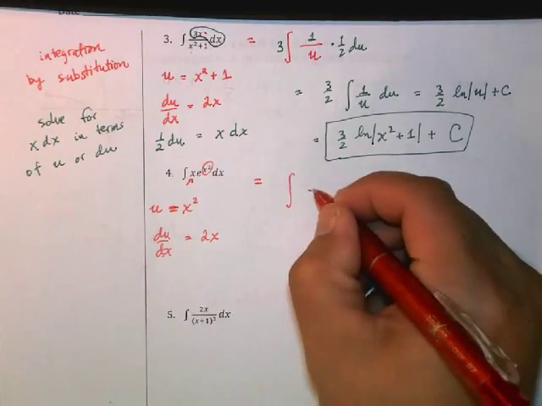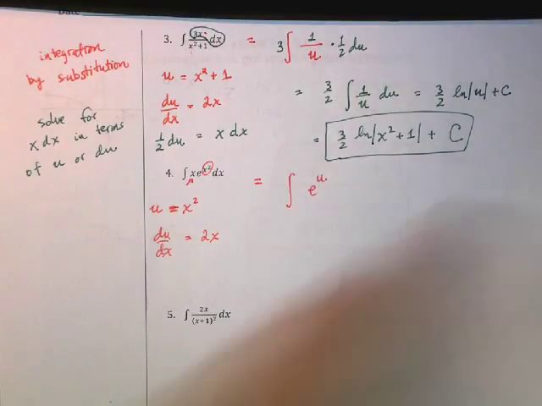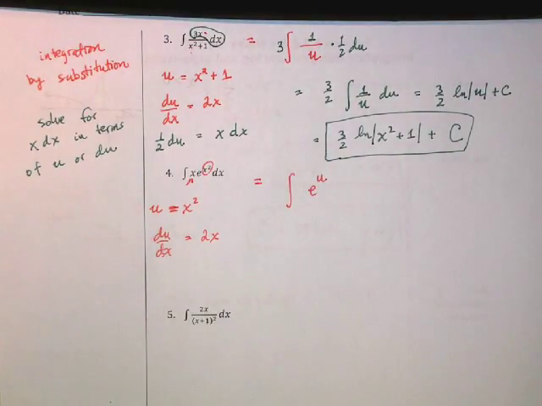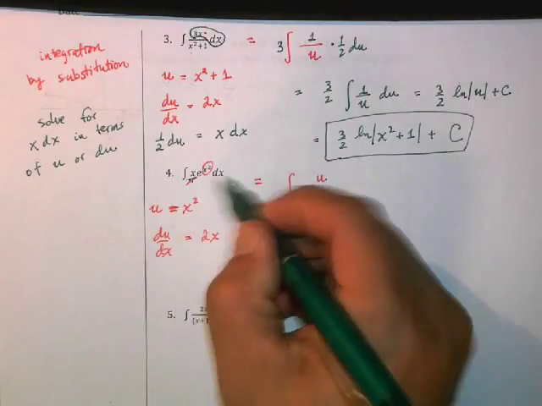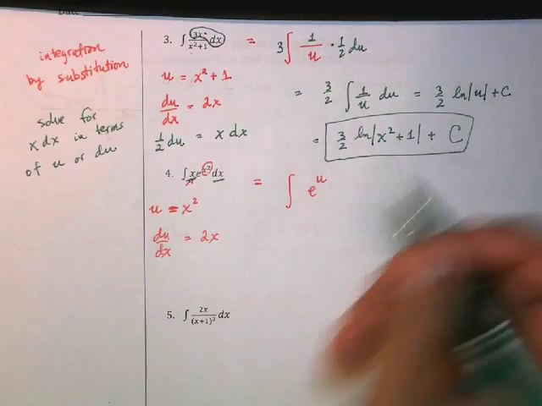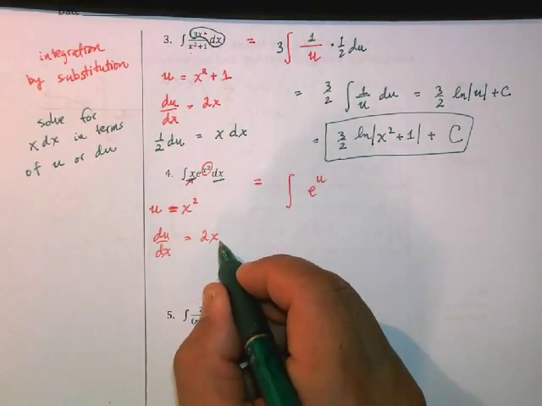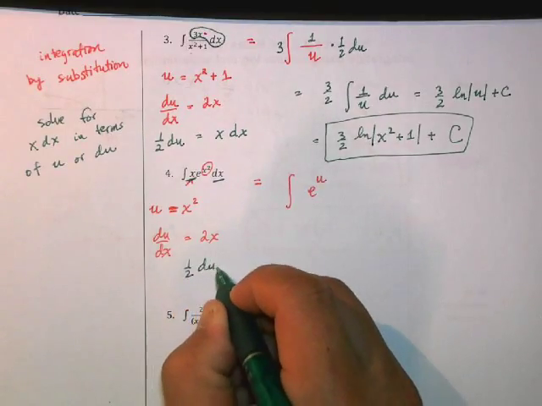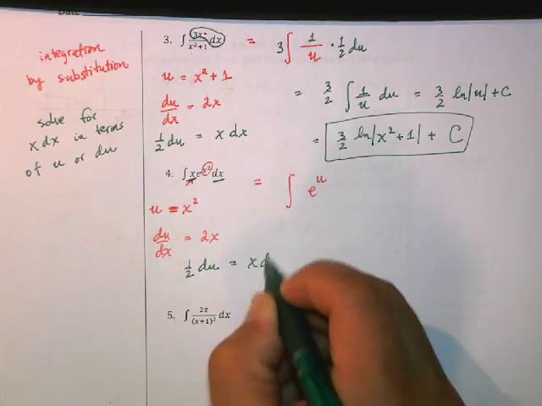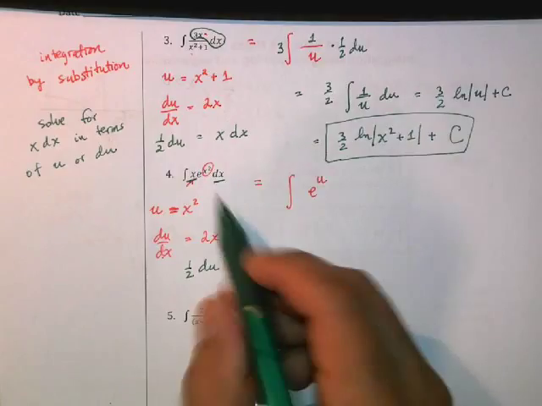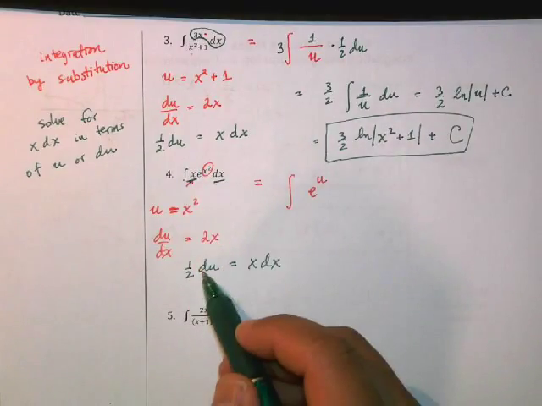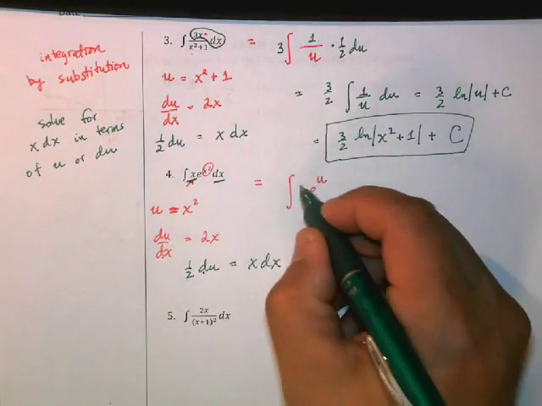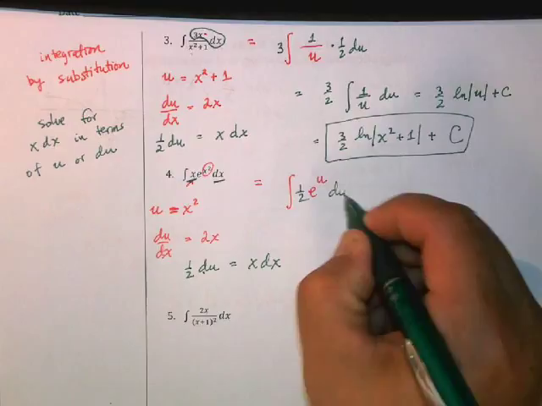So this is the integral of e to the u. And then what's left for us to replace is x dx. So we multiply both sides by dx and divide by 2, and we get 1/2 du is equal to x dx. So we can replace x dx here with 1/2 du.